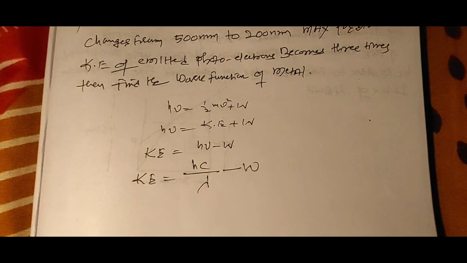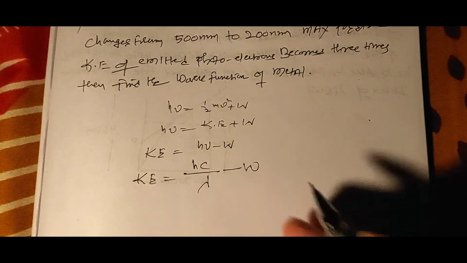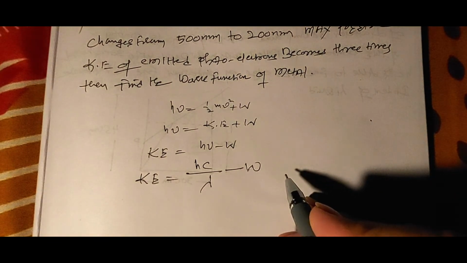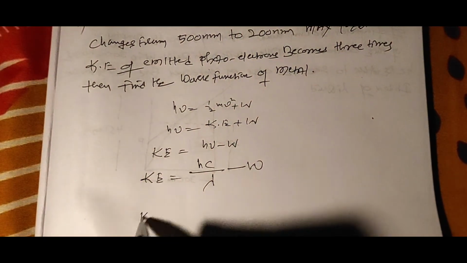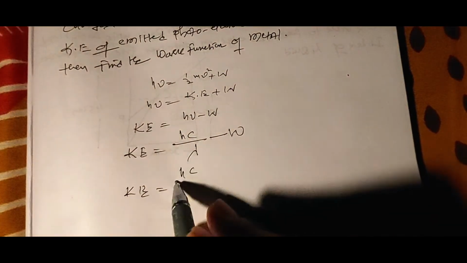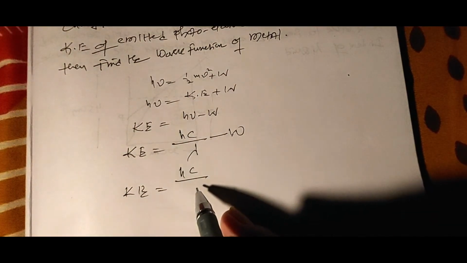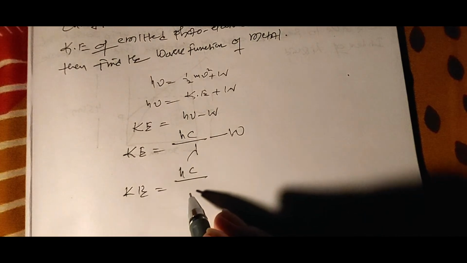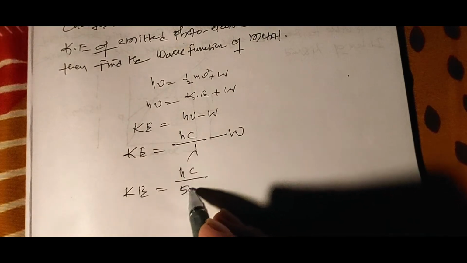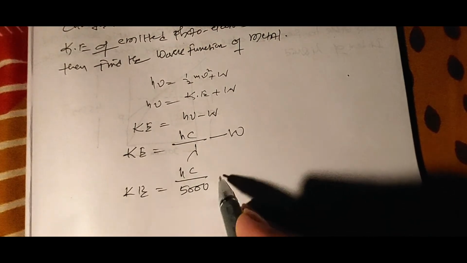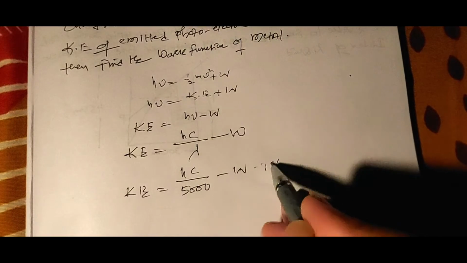So this is a general equation. Now the kinetic energy is equal to hc by lambda, where the wavelength used initially is 500 nanometers, that is 5000 angstroms, minus W. This is equation 1.